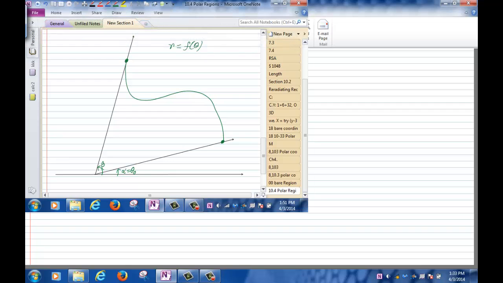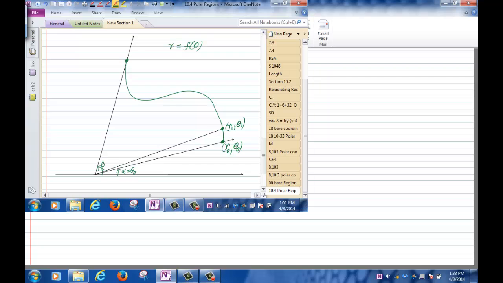Let's say I have one point right here. This point corresponds to the point R1 comma theta 1. So this is the point I get for theta 1. This point here, I get for R0 theta 0.